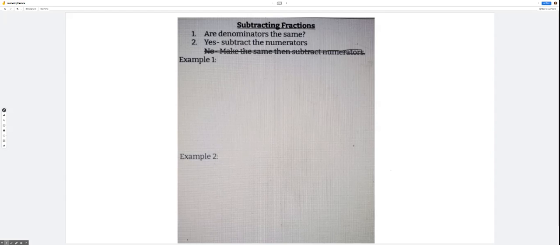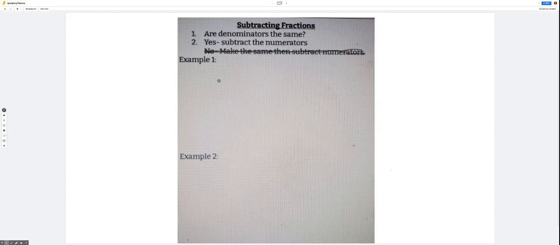Now, for our examples, we are going to use the trick that was shown to you in the previous YouTube video. One example is going to be two basic fractions subtracted, and the second example is going to be a mixed number and a normal A over B fraction.